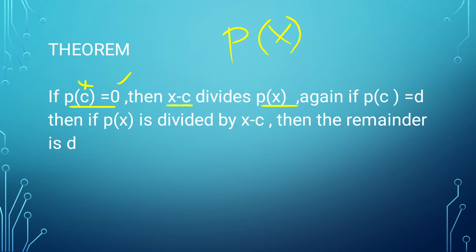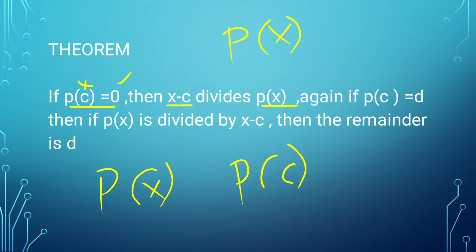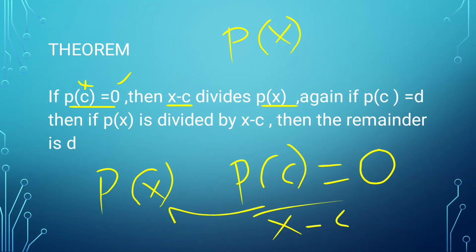So you're having a given equation P(x), and you find that you have some given constant or solution that is giving you 0. Then that particular x minus c will be able to divide P(x).